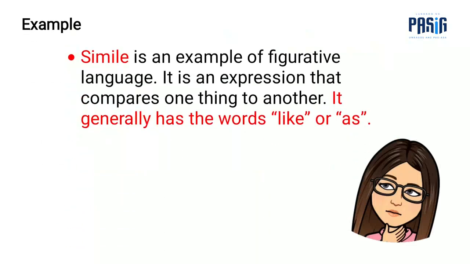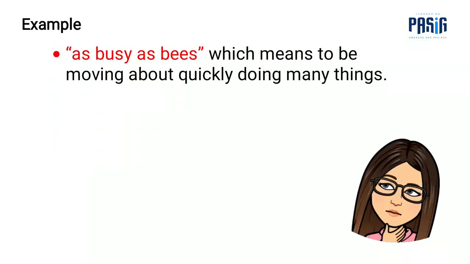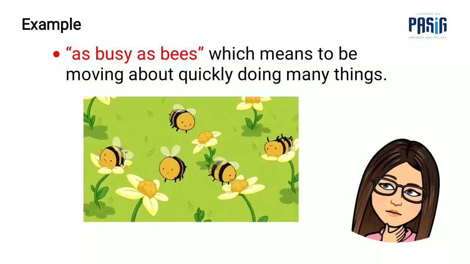Simile is an example of figurative language. It is an expression that compares one thing to another. It generally has the words like or as. Example is the words as busy as bees, which means to be moving about quickly, doing many things.